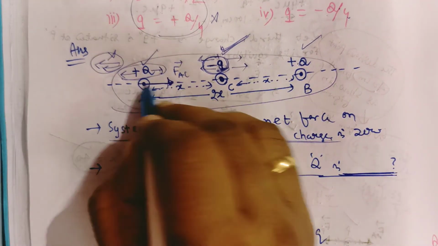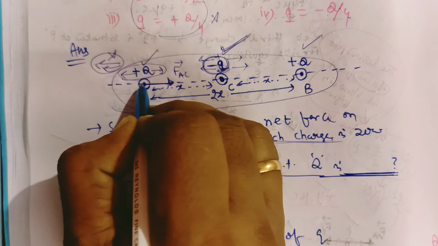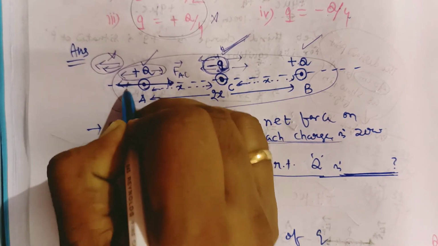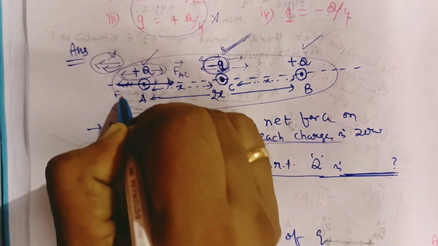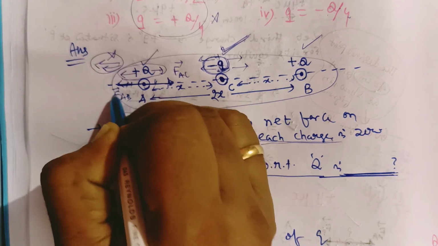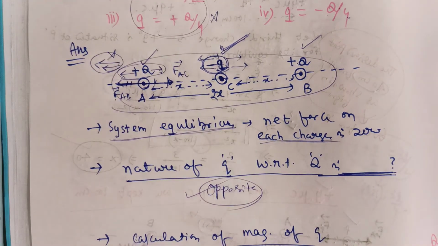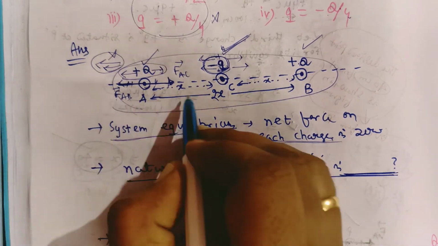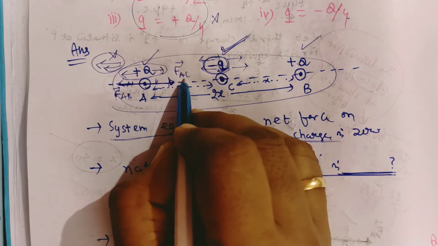Similarly, B will repel A, so this force will be F_AB. Then we have to calculate the magnitudes of F_AB and F_AC.